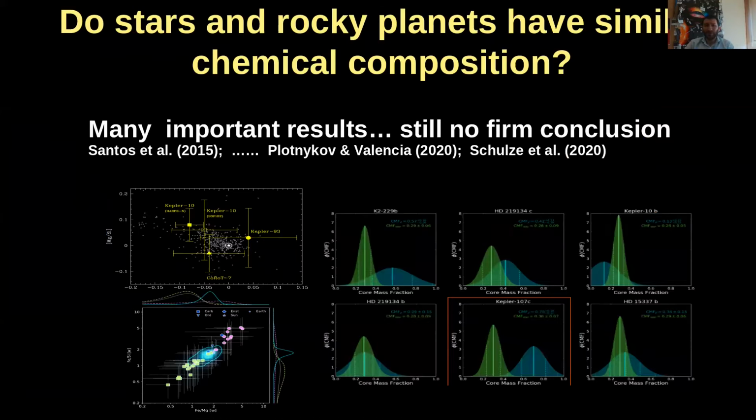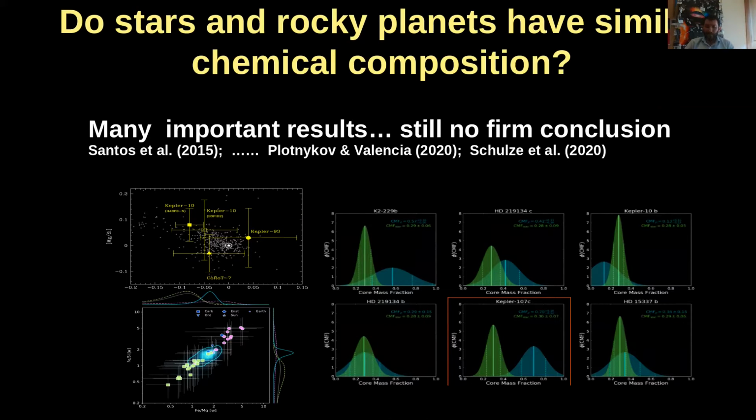So in the past, there have been many works trying to see whether there is a chemical link between stars and their rocky planets, and all these works give very important results. However, mostly because of the size of the samples, these previous works didn't allow us to reach a firm conclusion about this chemical link.